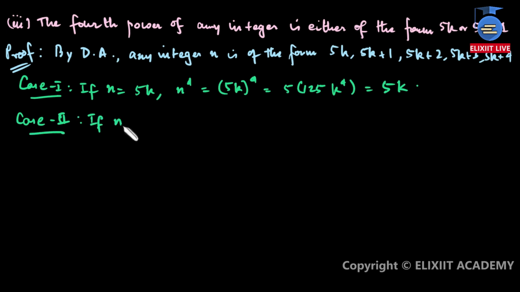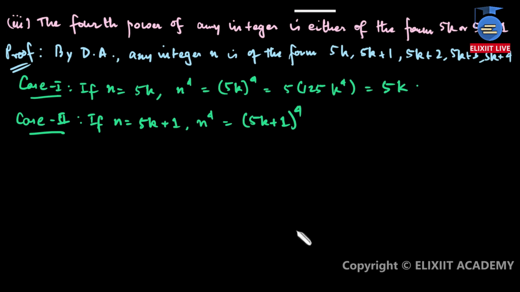Now if n is equal to, let's say, 5k plus 1, then n to the power 4 is 5k plus 1 whole to the power 4. Now see, if you know the formula for this, the binomial expansion, then you can expand this. Otherwise, you have to derive the formula and just simply put it over here.